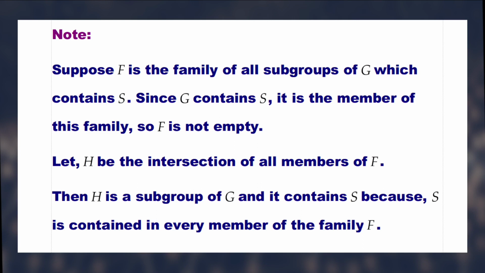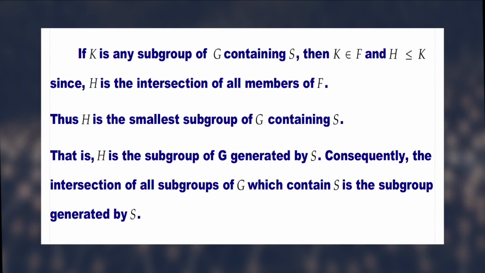Let H be the intersection of all members of F, then H is a subgroup of G and it contains S, because S is contained in every member of the family F. If K is any subgroup of G containing S, then K belongs to F and H is a subgroup of K since H is the intersection of all members of F. Thus, H is the smallest subgroup of G containing S. That is, H is the subgroup of G generated by S. Consequently, the intersection of all subgroups of G which contain S is the subgroup generated by S.